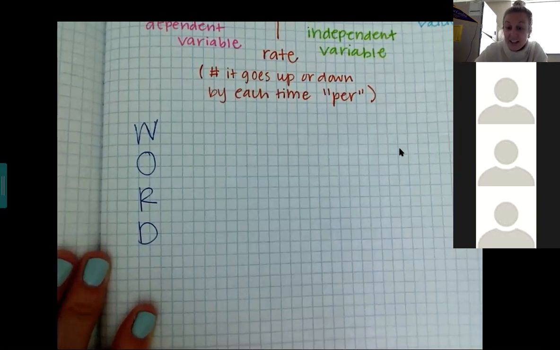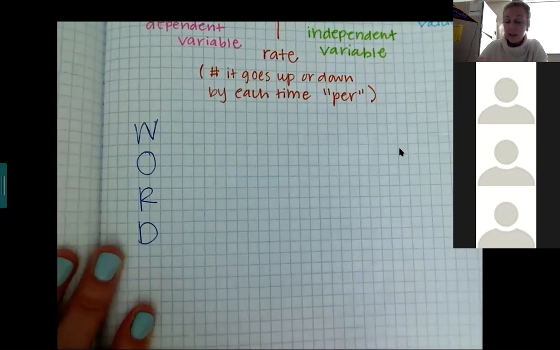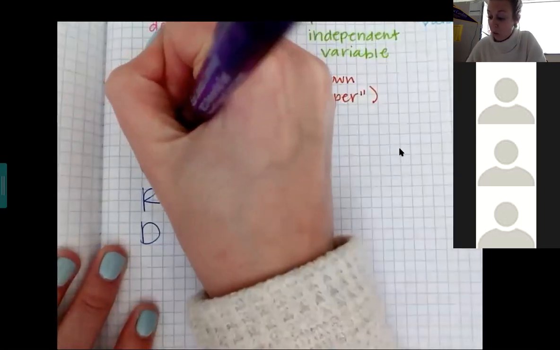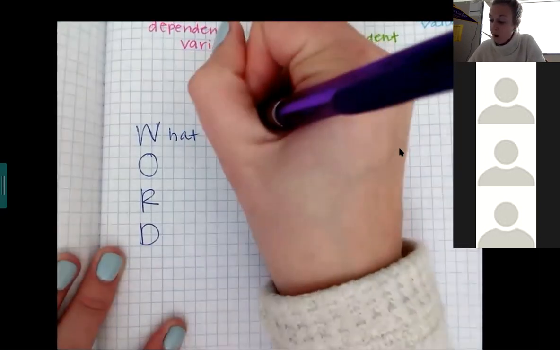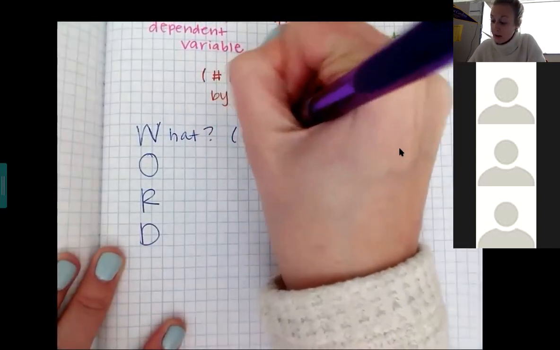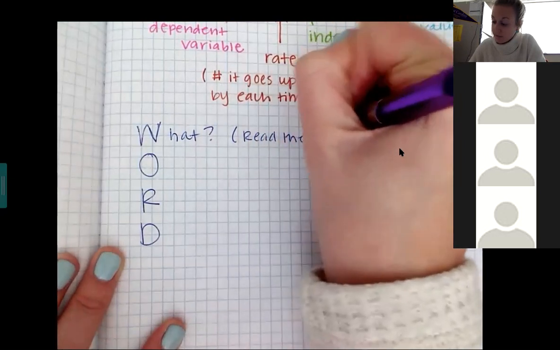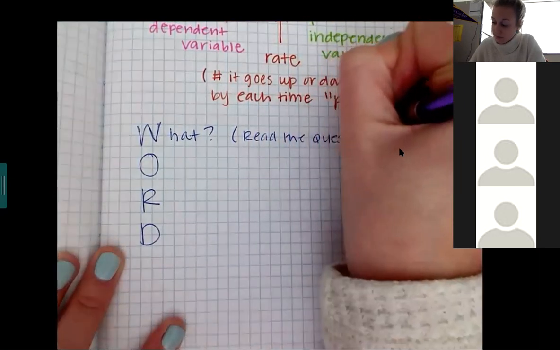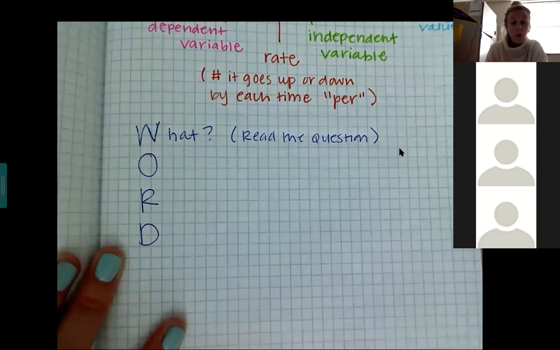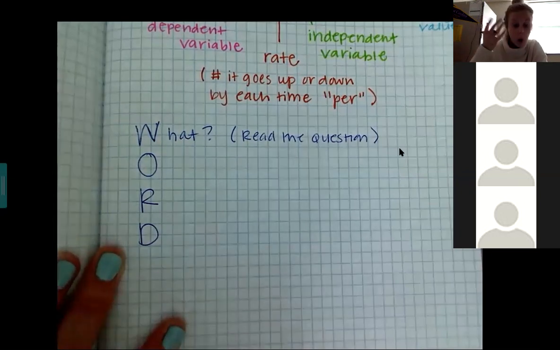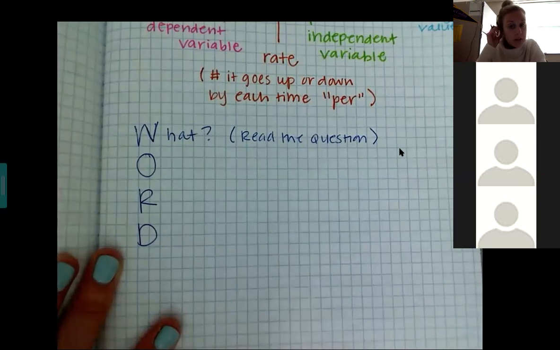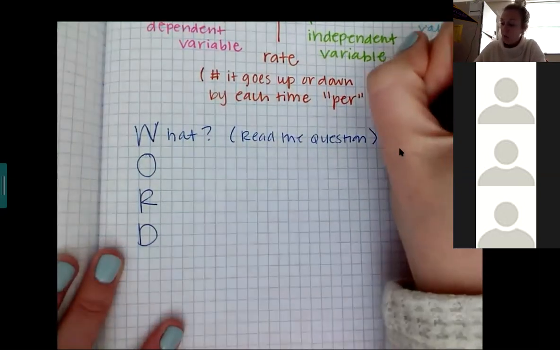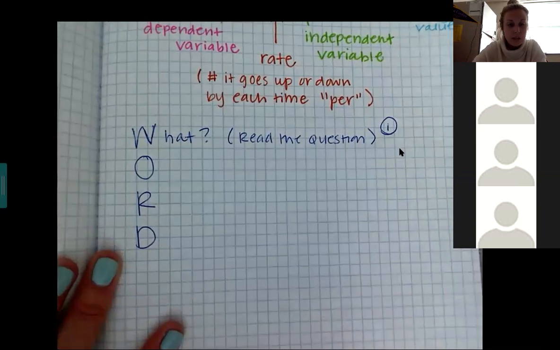The question, because you have to know what it's asking. So the W stands for what. In the what part, you're going to read the question so that we can figure out what it is asking, what it wants us to do. So that first step is going to be to read the question. I'm going to put a 1 here for my people who like numbered steps.